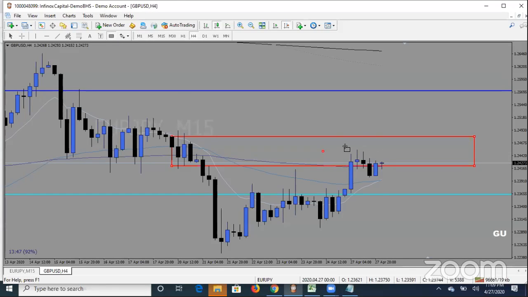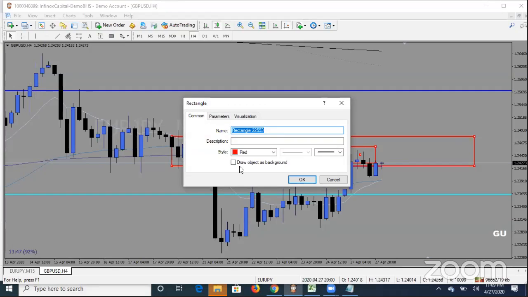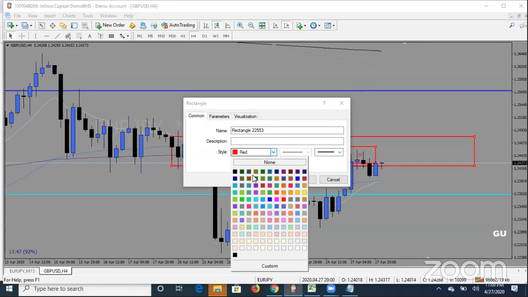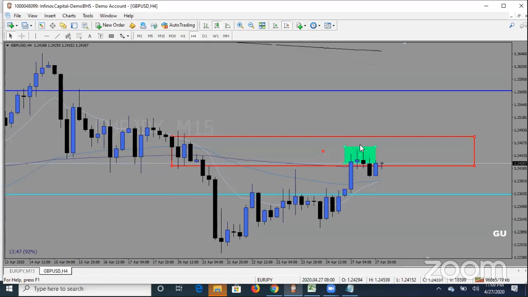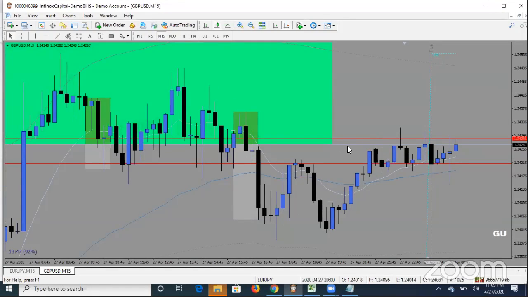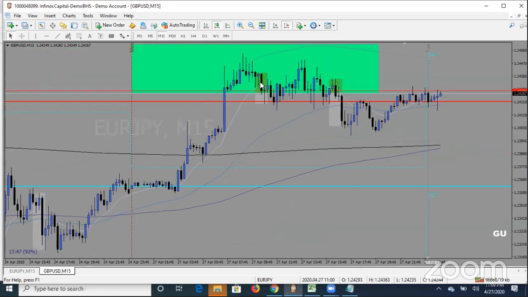Price came into this region somewhere here, right? So let's mark that up and see what we would have done. The price came into this region here. I'll go down to my 15 minutes and look for reasons to want to sell GU, right?